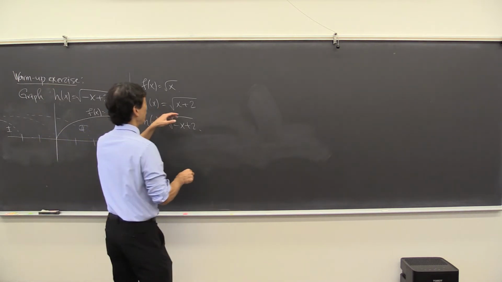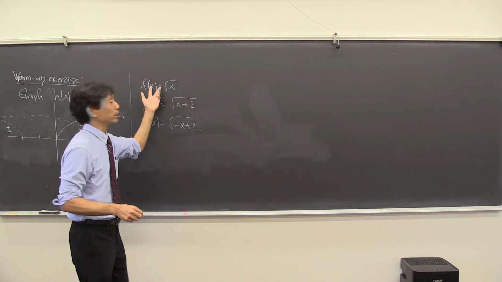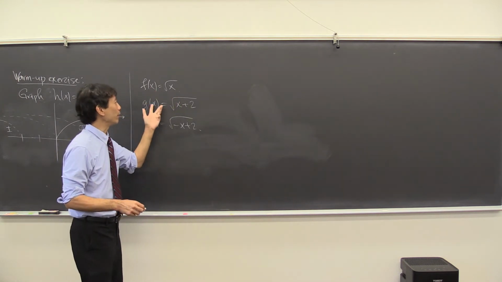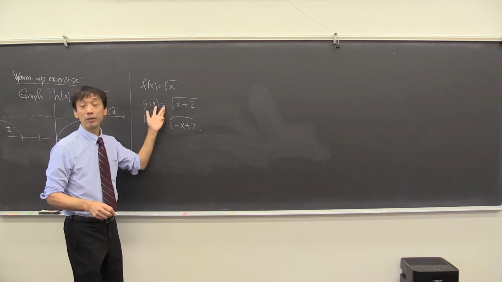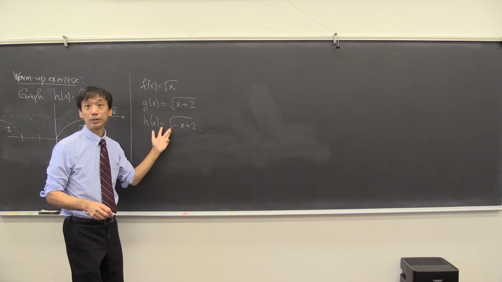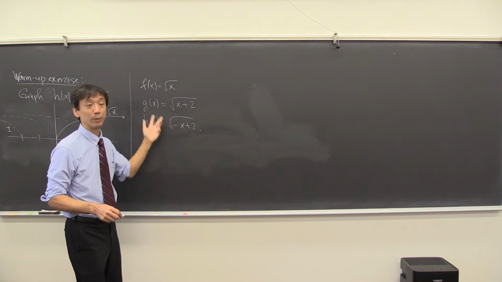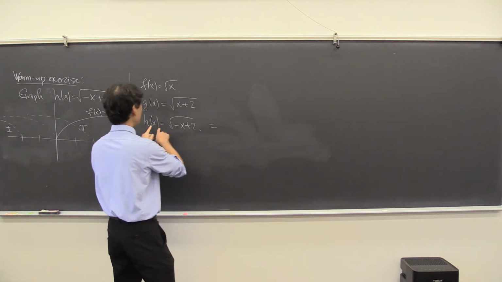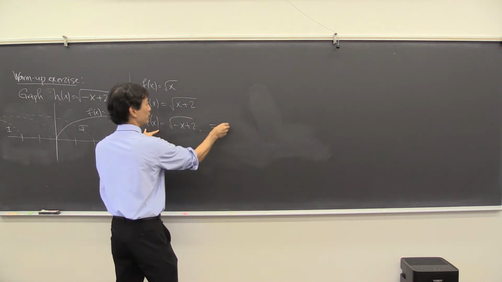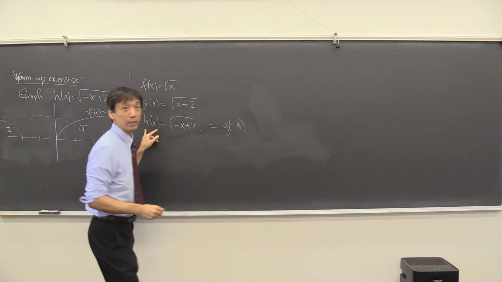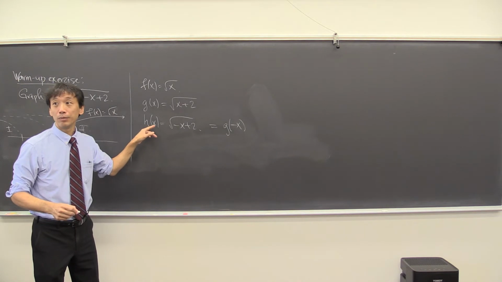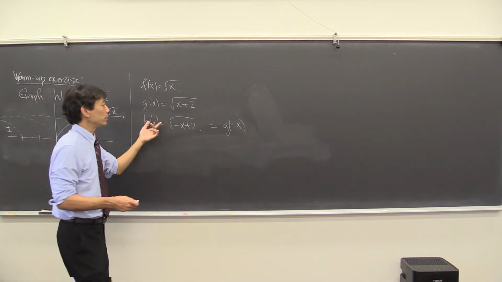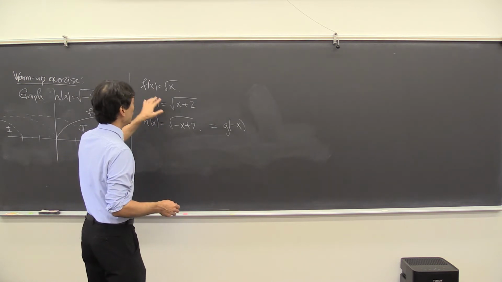Well, because that's just one translation of the previous guy, and we can get from this one to the next one via reflection, right? So this is like halfway between. If we take h of x, it can be expressed in terms of g of x. It's g of negative x, right? Everybody see that?